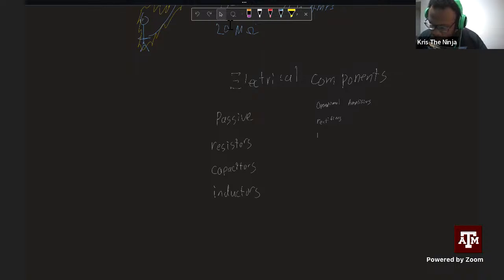We have transistors. We have diodes. That's all the ones I can think of for now that are active.